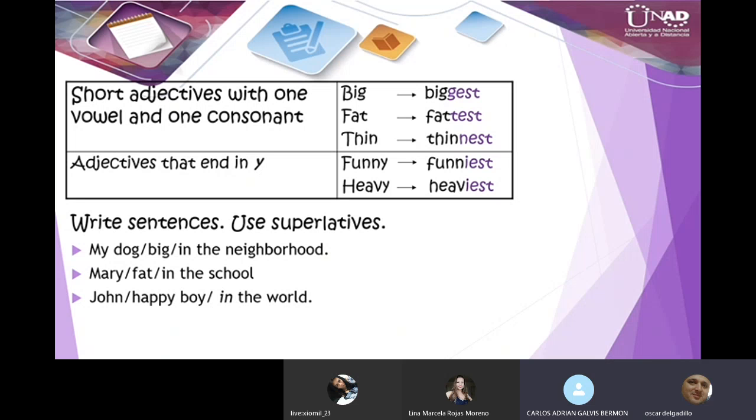My dog is the biggest in the neighborhood. Mary is the fattest in the school. John is the happiest boy in the world. Okay, correct.